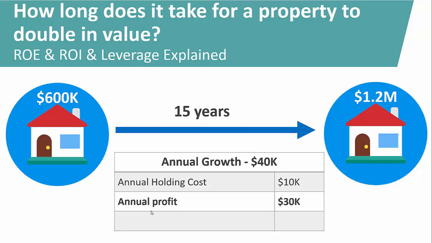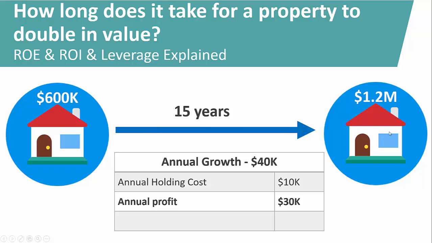If you've owned a property for more than 10 years, there's a very good chance that it's comfortably doubled in value. But let's just be conservative moving forward, and let's say that moving forward it might take 15 years, not 10 years, but 15 for your $600,000 property to double in value and be worth 1.2.